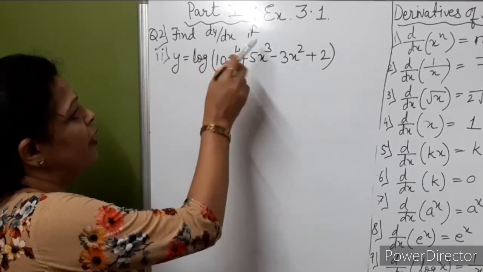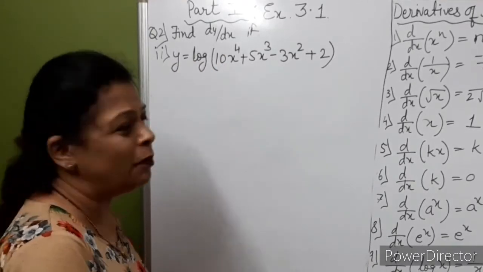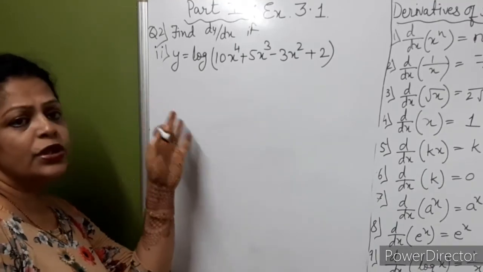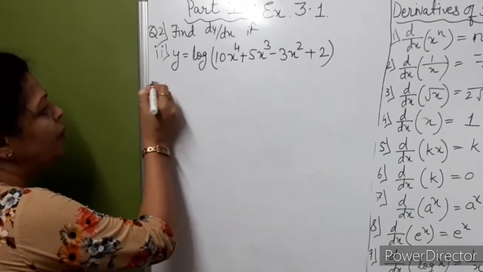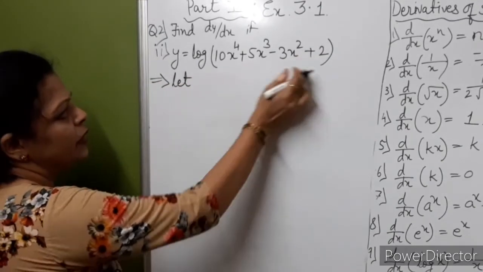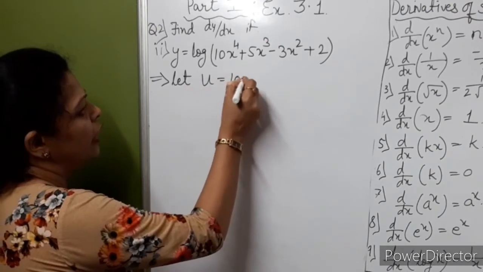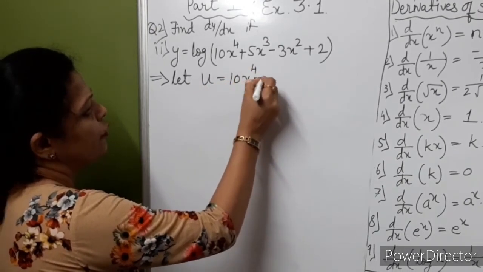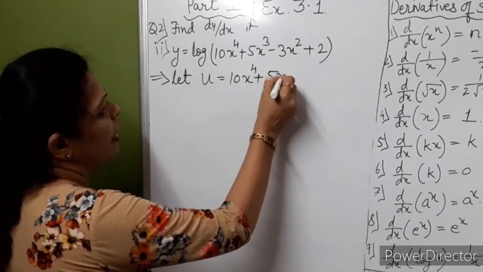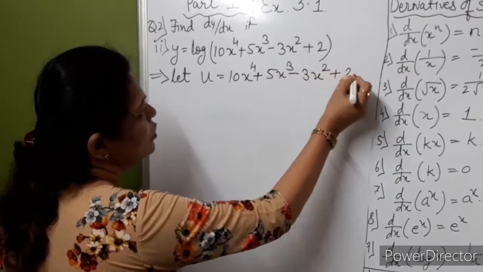Find dy by dx if y is equal to log of this term. Now very simple, these sub questions of this question are all based on log function only. So as usual, let this inside term we'll say as u. So let u is equal to 10 into x raised to 5 plus 5x cube minus 3x square plus 2.